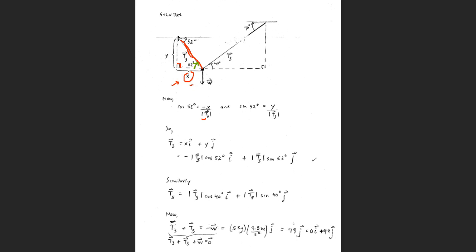And similarly, the sine of 52 degrees would equal y over the length of that tension vector. So if we solve for x and y, then the tension vector T3 would have to equal what you see here on the right.